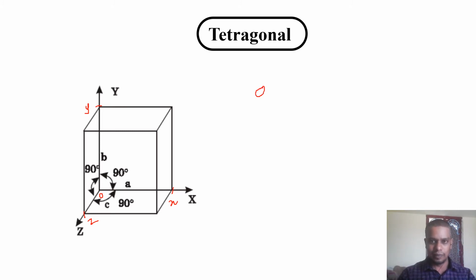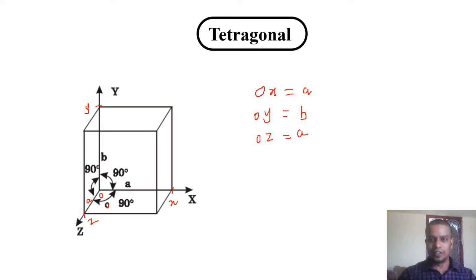If you look at this diagram, the x intercept, the length OX is A. Then the y-intercept, the length OY, will be equal to B. The z-intercept, OZ, is equal to, here actually it is given the wrong way, this OZ is also A. So this is a tetragonal system.